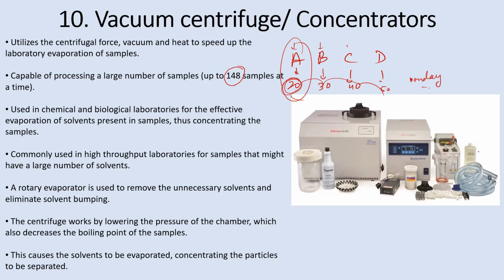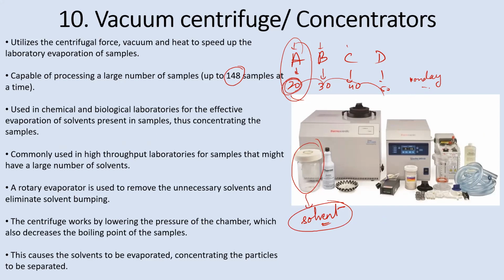There is a tube, there is a collector. So whatever evaporates is collected through the tube in a container, and you can throw that stuff later. You can dispose of it properly, because it is solvent, it is chemical. You cannot throw it in the sink, otherwise you will be damaging the environment. So there is a proper disposal way in the laboratories where you can dispose of the stuff.